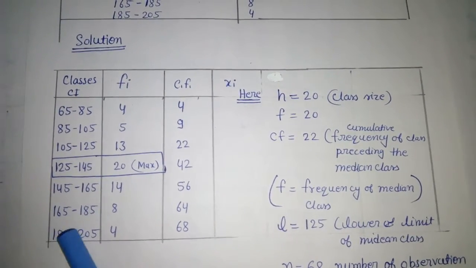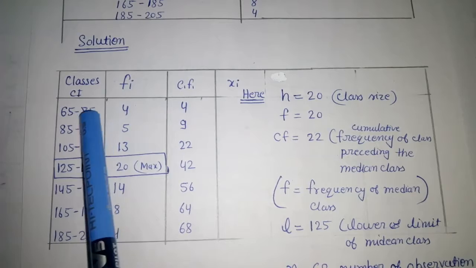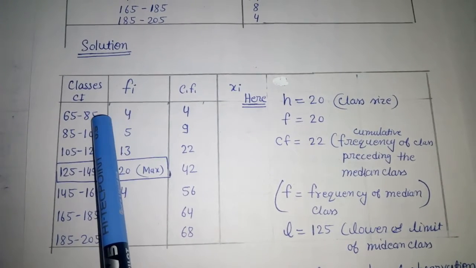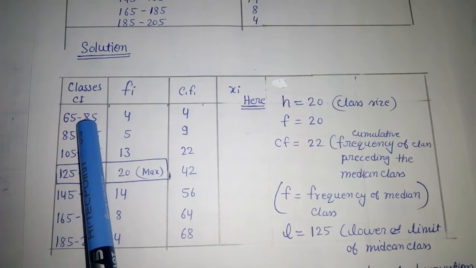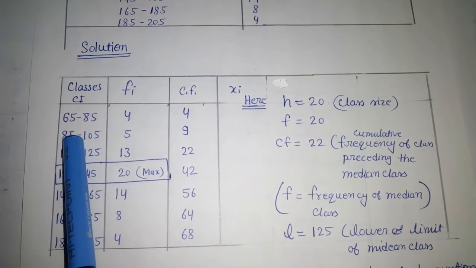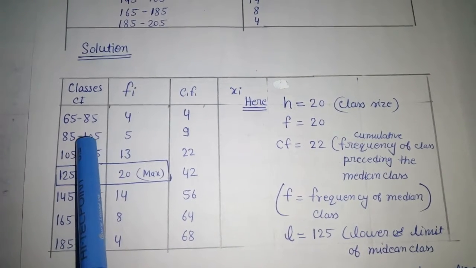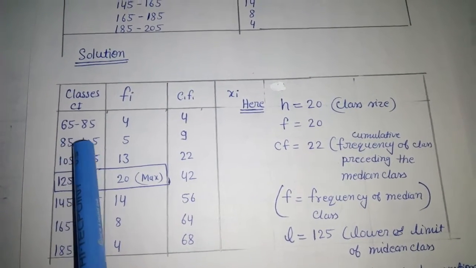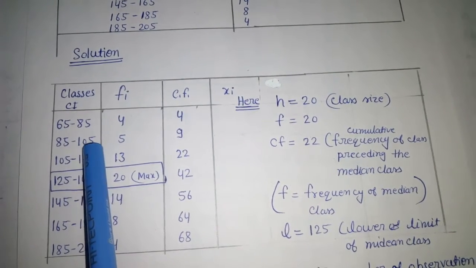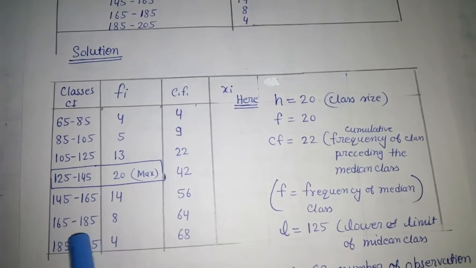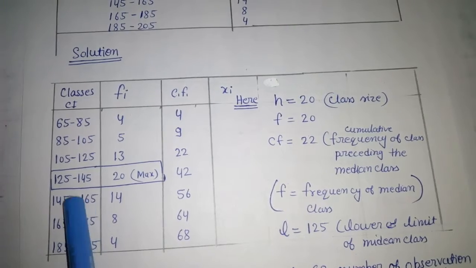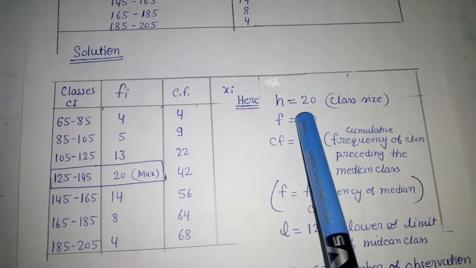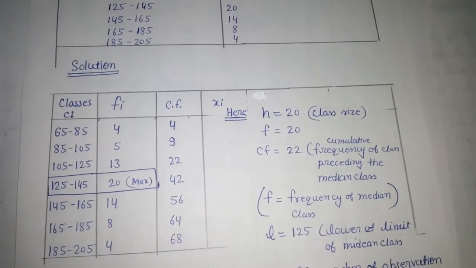Like here, the difference between lower limit and upper limit is 20. Here 85 to 105, the difference is 20, so H will become 20.